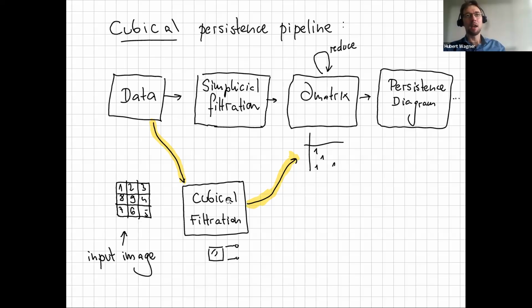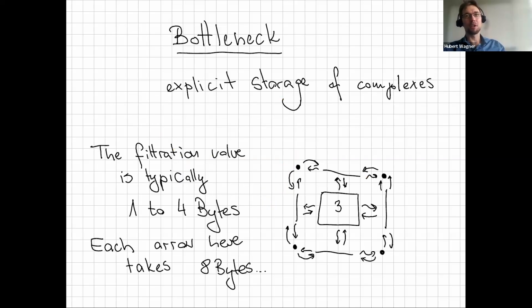So in our case, we'll cook up a cubical filtration, and again, we can just produce a boundary matrix and reduce it, and we get the diagram.